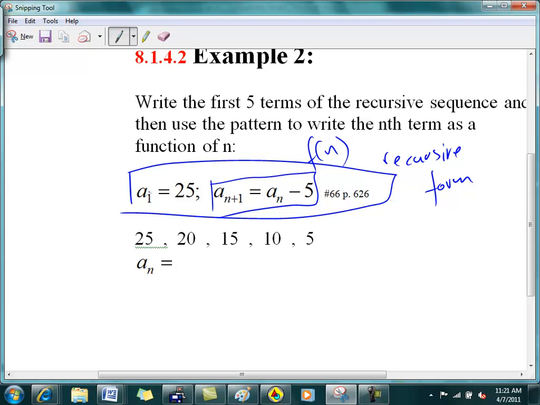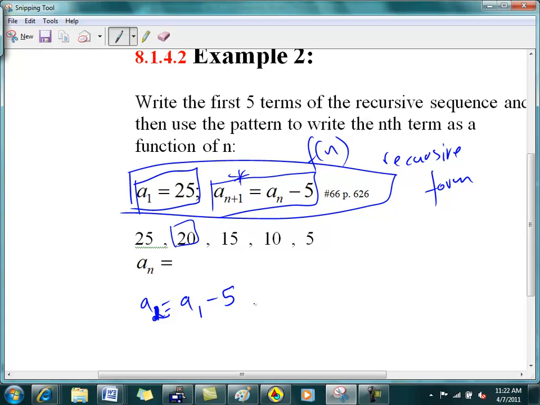And for the recursive sequence, I'm given that a sub 1 is 25. In other words, I'm given the first term. Okay, so then to get the second term, which is this one here, I put n equals 2 in this equation here. a sub 2 is equal to a sub 1 minus 5.